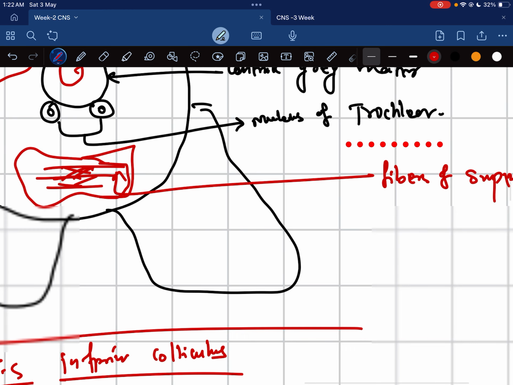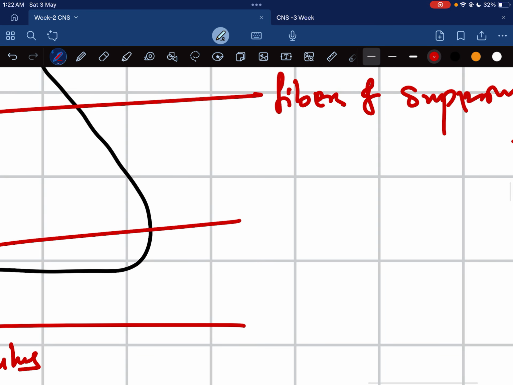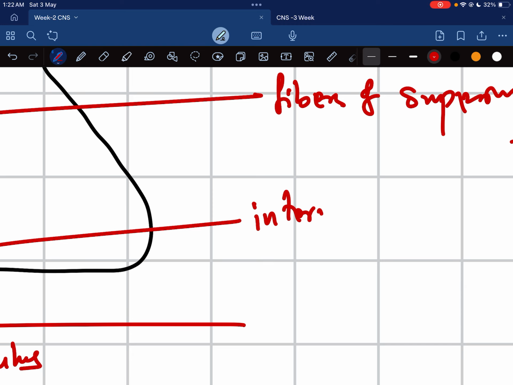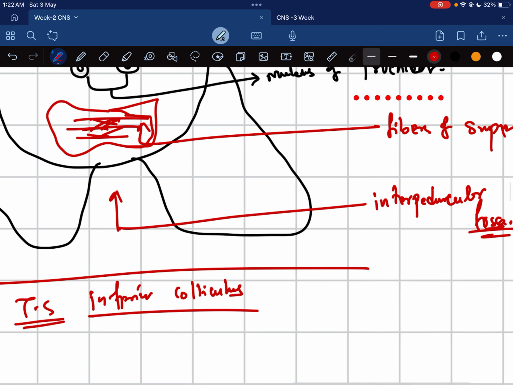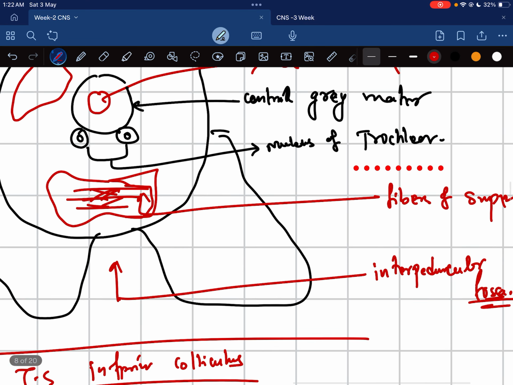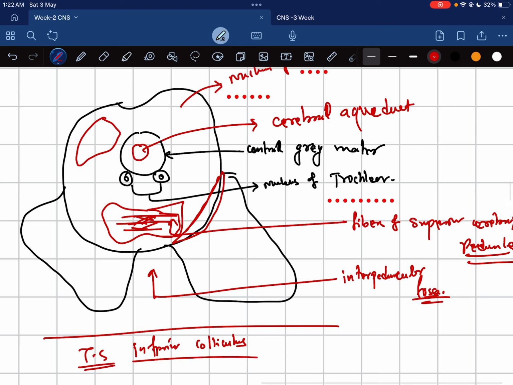Now moving on to the crus cerebri. In between them is a fossa, known as the interpeduncular fossa. In this region, between these fibers and the crus cerebri, there are some nuclei.